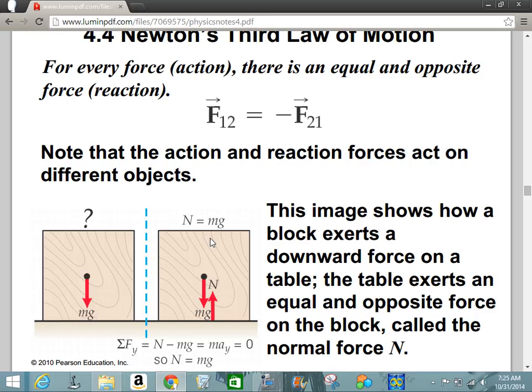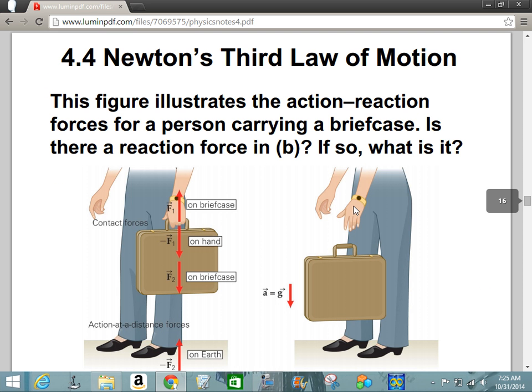So if I set a wooden block on my desktop, the block wants to go down due to gravity, but my desktop pushes up, which keeps the net force equal to 0. So this image shows a block exerts a downward force on the table, and the table exerts an equal and opposite force on the block, and we call that the normal force.